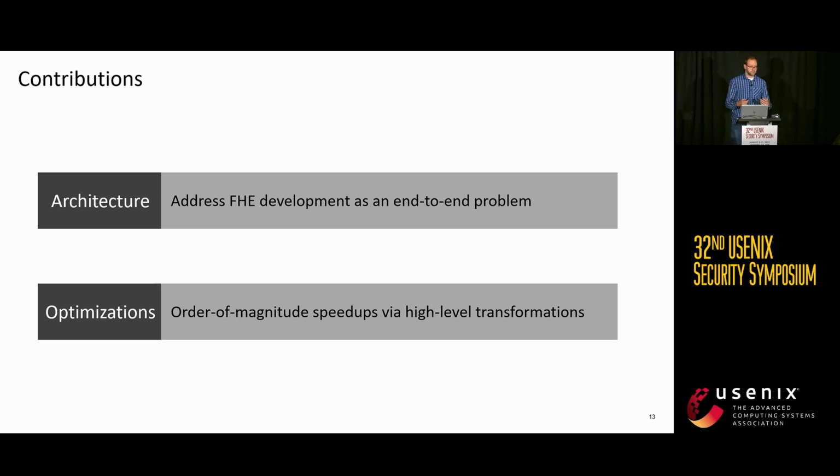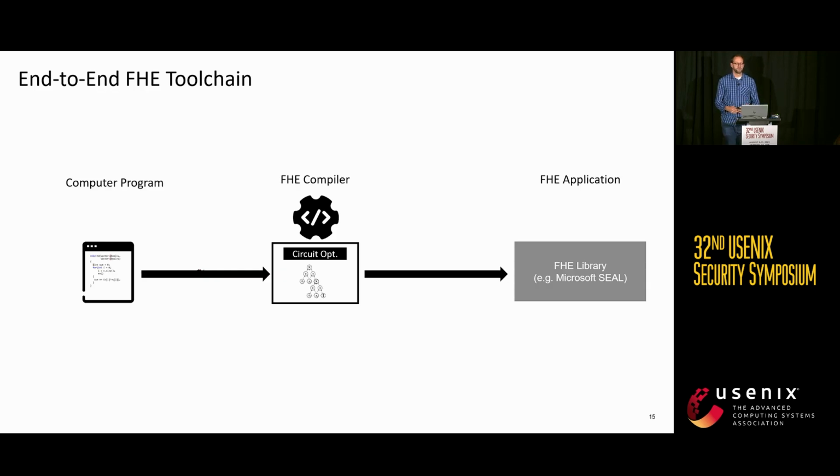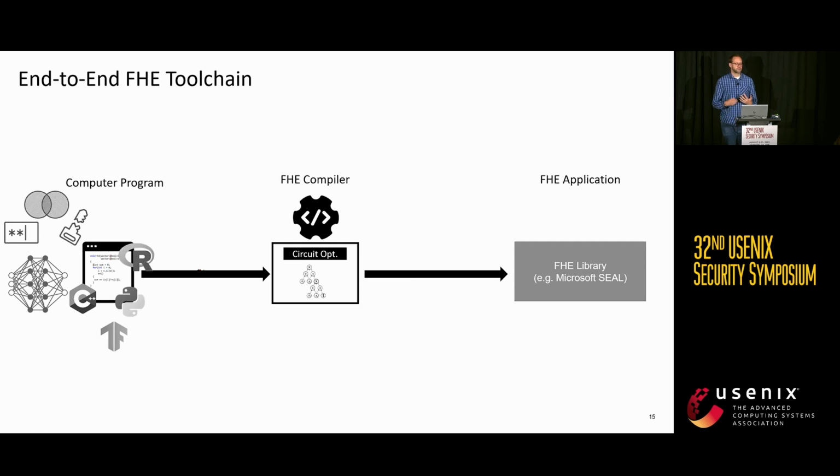And so in order to understand our proposed architecture, let's briefly consider what an FHE compiler used to look like, which was traditionally a thing that optimizes FHE circuits. But really, FHE applications span such a wide range of domains, and they each have their own paradigms and expressions. And when we lower these directly to circuits, we lose a large amount of information.